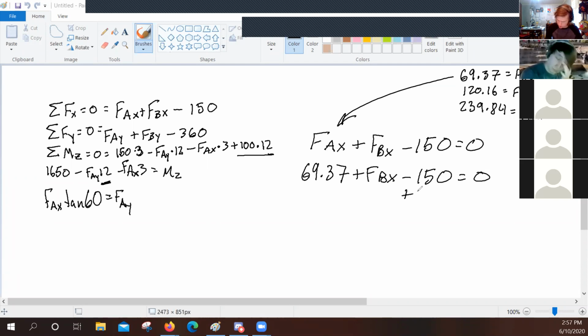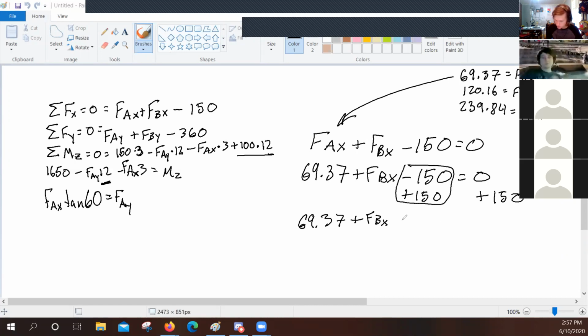We're going to add 150 to both sides. So then we get 69.37 plus FB of x, and then this adds up to 0. So equals 150. There you go. And we're going to subtract 69.37 from both sides.